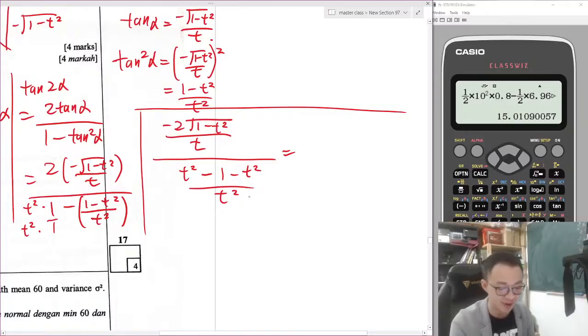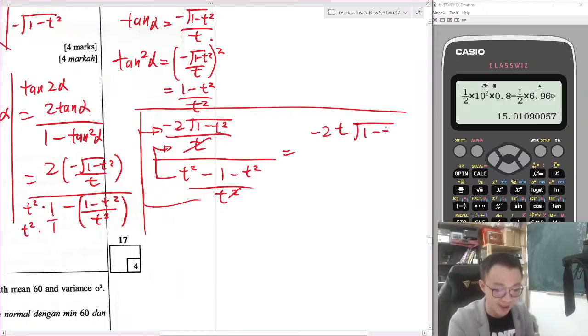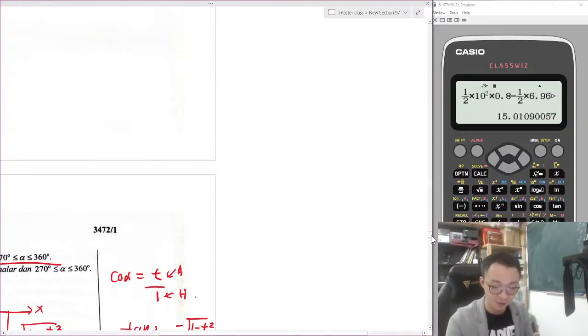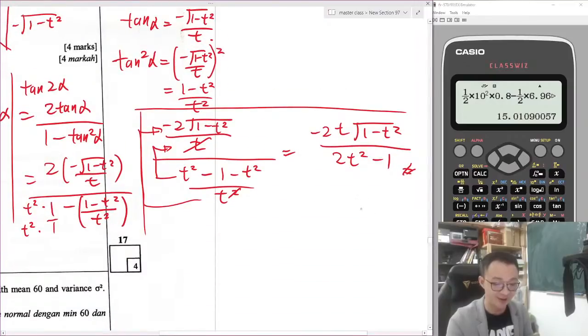So it should flip over, and there should be a t on the top. Cancel, so I have a t. This one will multiply this one, and this one will multiply this one. This one is 1. So it should be negative 2t square root of 1 minus t squared over 2t squared minus 1. Alright, so this is how we get the final answer.